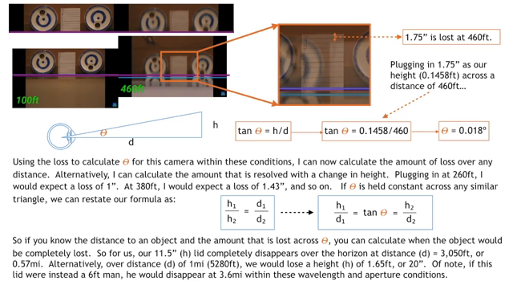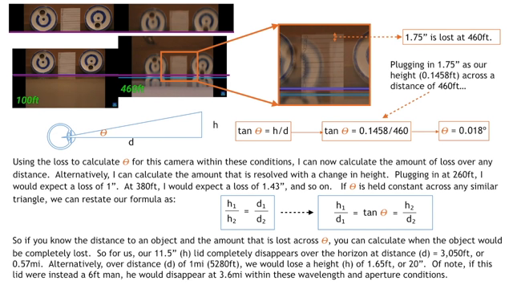If theta is held constant across any similar triangle, we can restate our formula as h1 over h2 equals d1 over d2, right? Those ratios correspond to one another across tangent theta as h1 over d1 equal to h2 over d2.